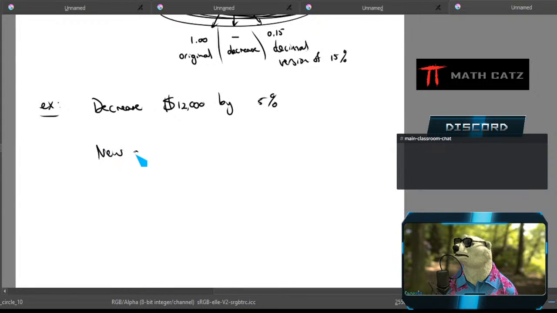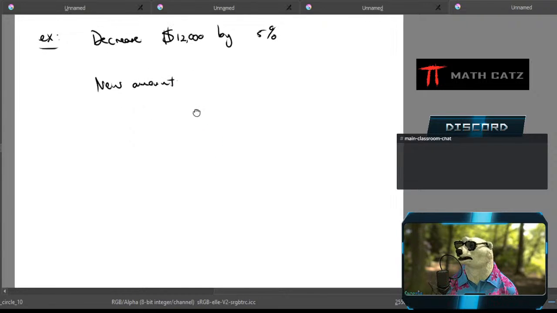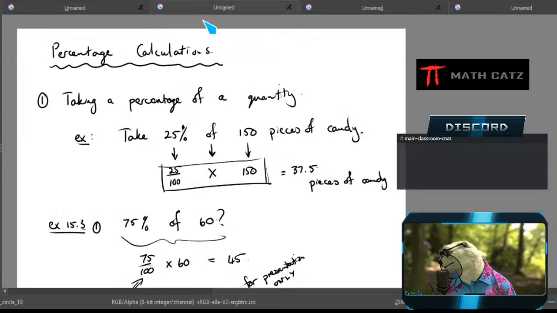My new amount. So here you can think, just to cover the possibility that someone might think like that, you might read this as, oh, take 5% off my 12,000. Totally fine. Still implies a decrease. That is not the first kind of calculation, right?